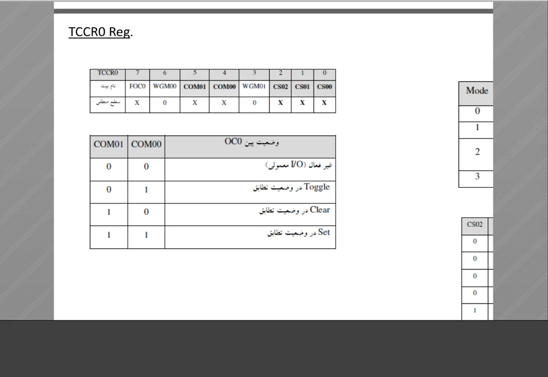OC means output compare match. Maybe OC0 over PB.3. I type here PB.3 or OC0. For example, in the data sheet, port B.